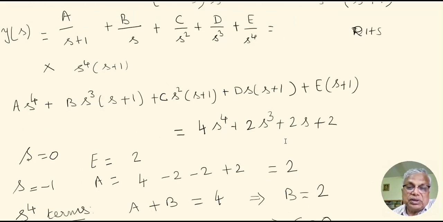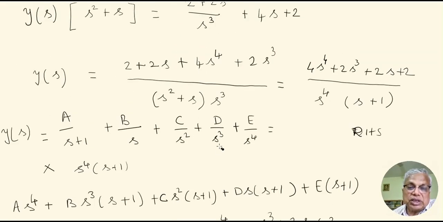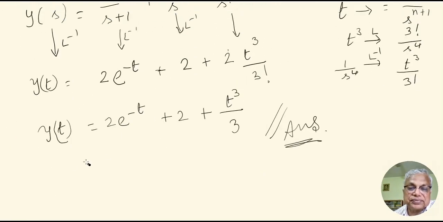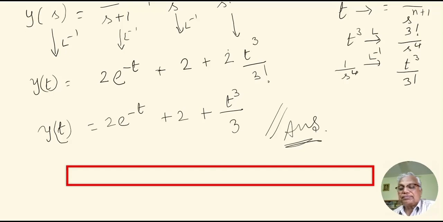So we have taken Laplace transform, got an expression for Y of s, split that into partial fractions and took the inverse, and we got this. So this is one way of finding the inverse.